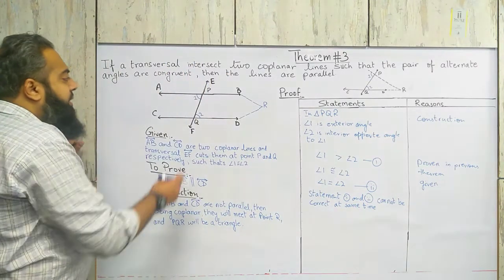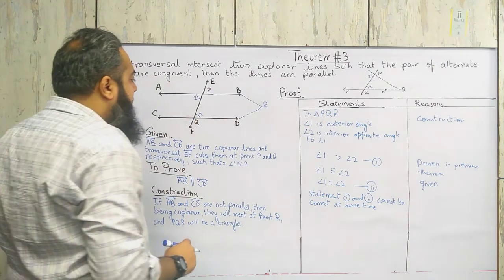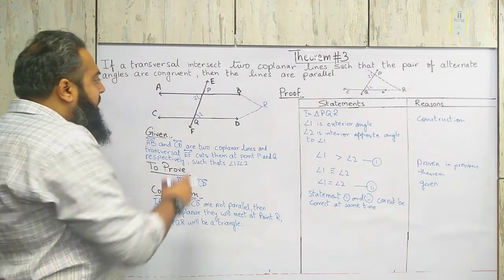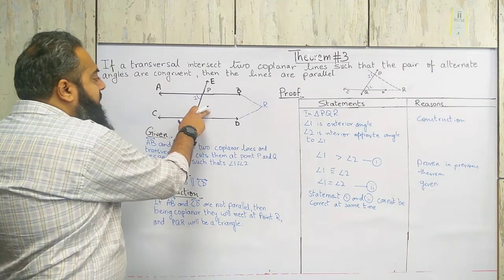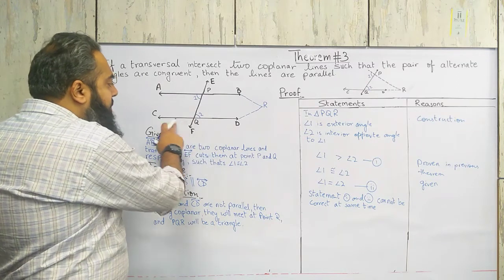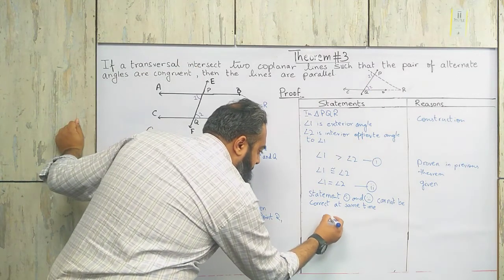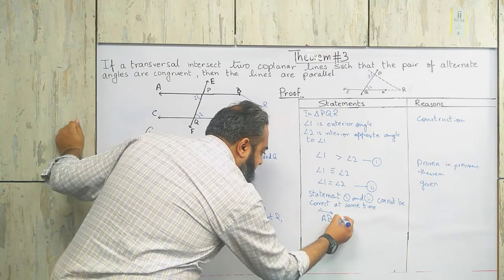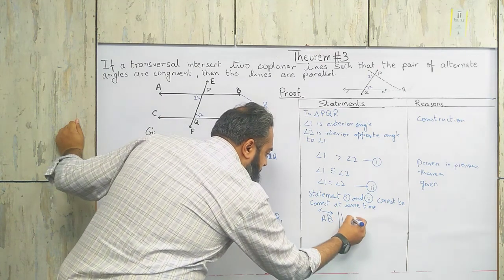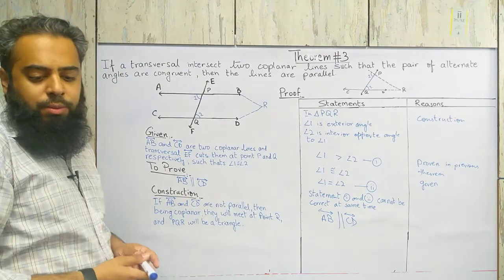Therefore, if they are equal to each other, so what will happen over here? If they are equal to each other, then lines AB and CD will be parallel to each other.